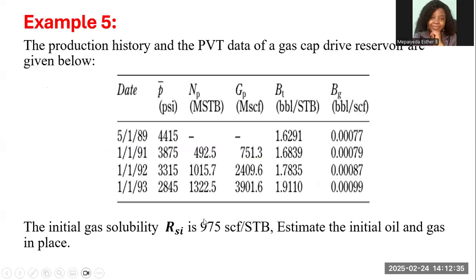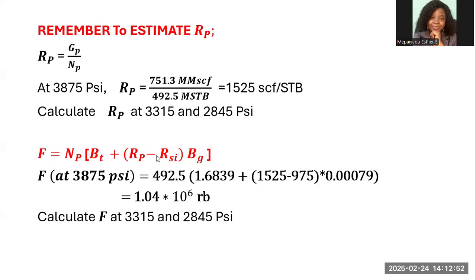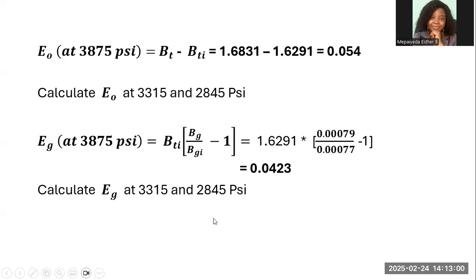Again, because you do not have NP here and you don't have BG, you wouldn't have RP, so it was calculated for 3875, 3315, and 2845. Go ahead and calculate your F at 3315 and 2845. Do the calculations, and likewise your EO at 3875.